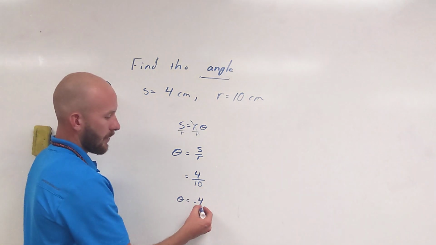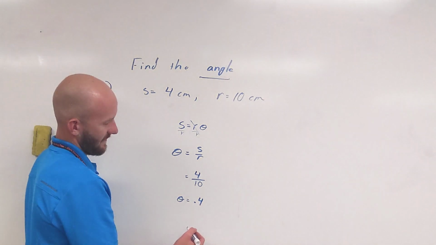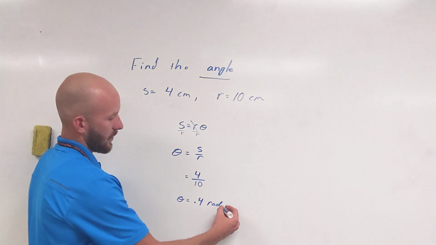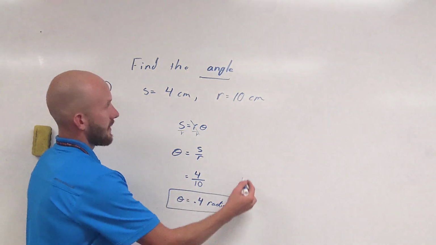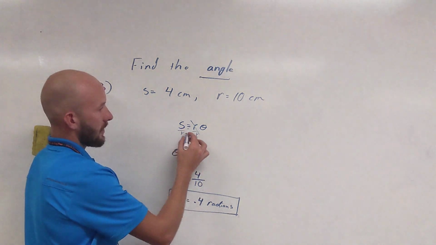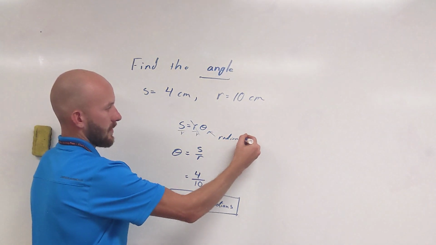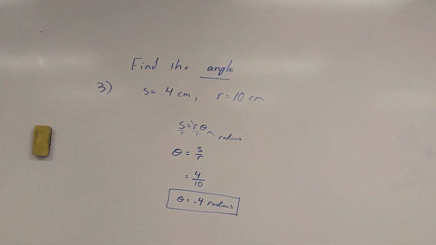But what is our label here? Centimeters? It is actually radians. This whole formula that we're using, remember the theta had to be in radians. I was going to say, when did it change to degrees? No matter what, it's radians.